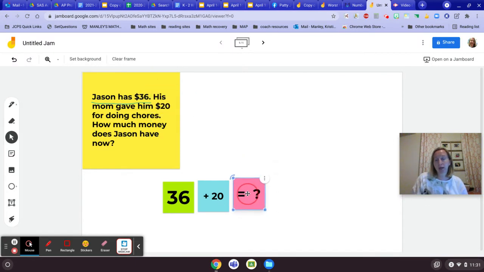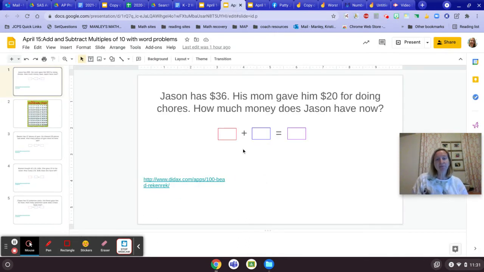Okay, so if we were to write this equation, 36 plus 20 equals something. So it's this something that we've got to figure out. So when we're looking at our assignment, this is how you would record it right here. 36 plus the 20 equals, and this is what we're trying to solve. How much does Jason have now?